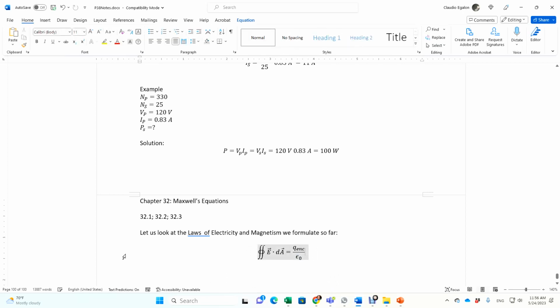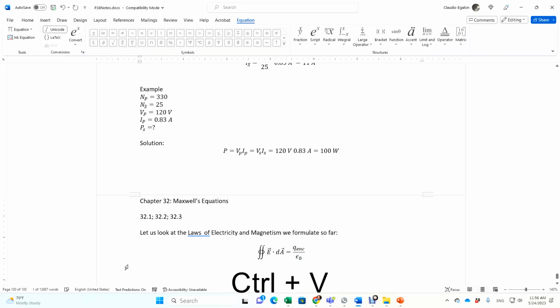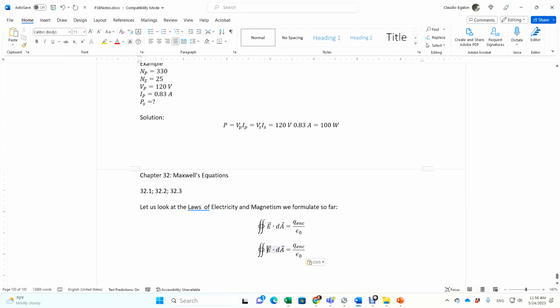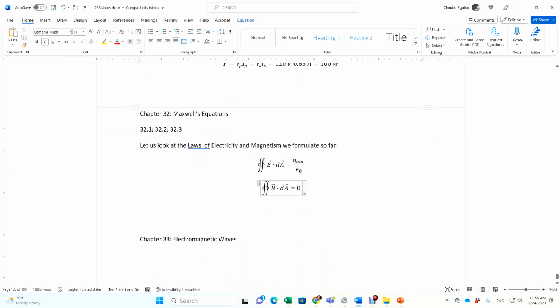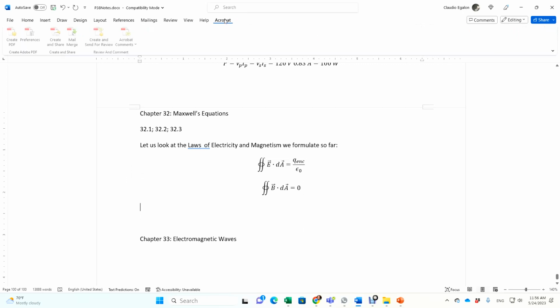That's the first one. The second one is not going to be E dA, it's going to be B dA. And by the way, it's not difficult to memorize those equations, even though they look so complicated. It's a closed surface. And then we have two other integrals.